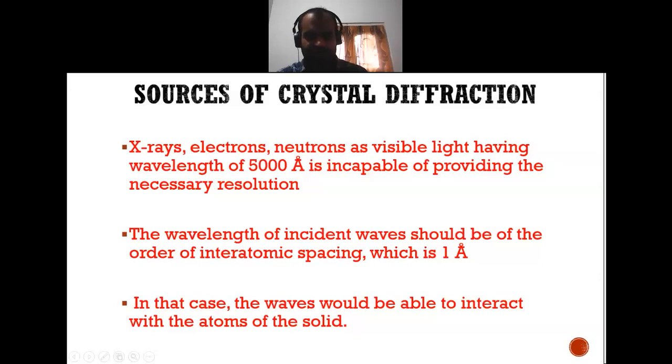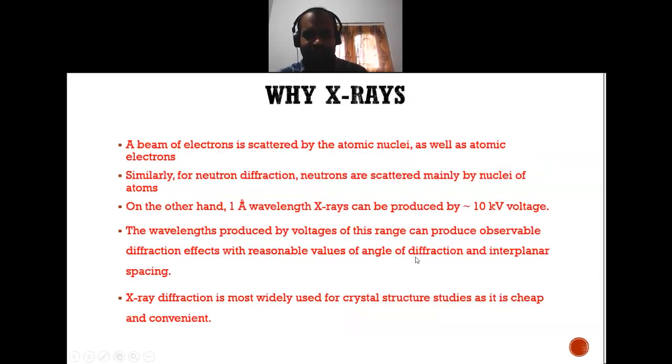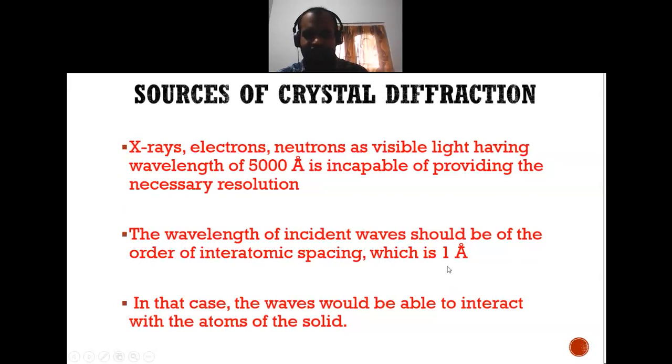The wavelength of the incident radiation which we use should be of the order of 1 angstrom, because the interatomic spacing is also of this measurement. What happens, we will see in a while. In that case, the waves should be able to interact with the atoms of the solid.